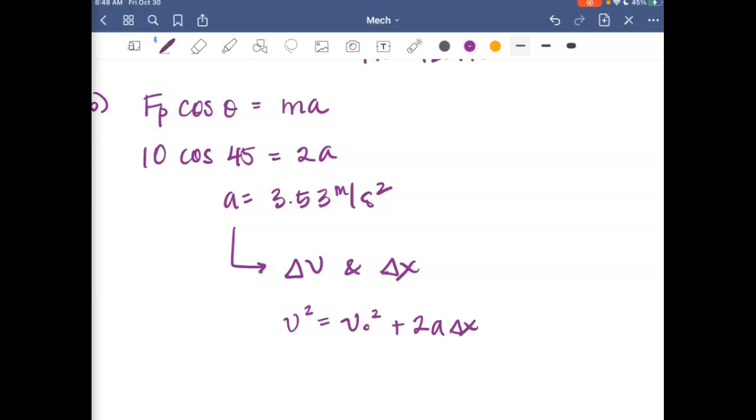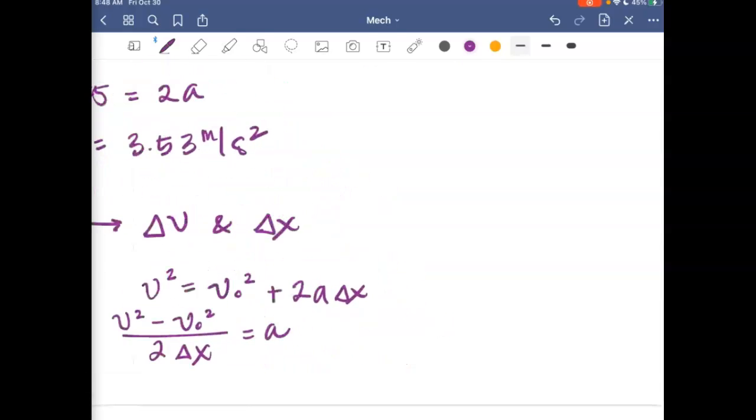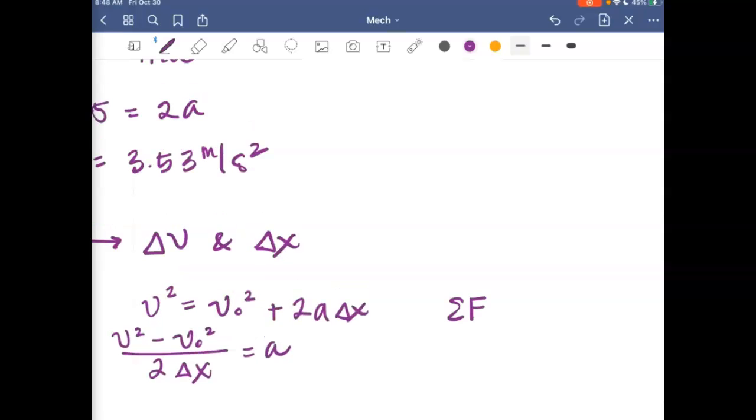I can write this as v squared minus v initial squared divided by 2 delta x, and that would be my acceleration. So in general, I could write an equation for the net force on this object as equal to m times v squared minus v initial squared over 2 delta x.